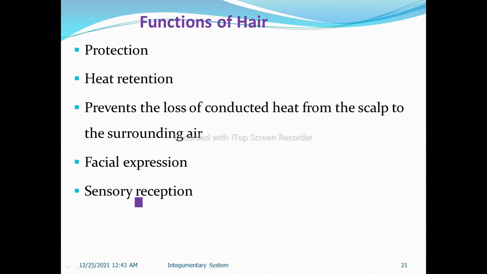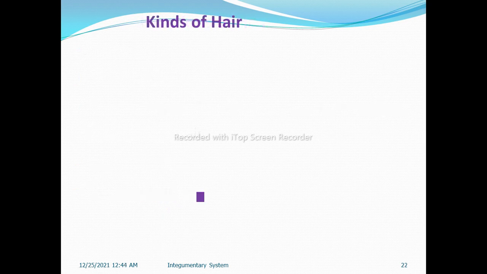The other is sensory reception. By the way, if we touch our hairs in different areas, they receive sensation. There is touch sensation, and also we have comfort when we are touching our hairs. So it is used for sensory reception.